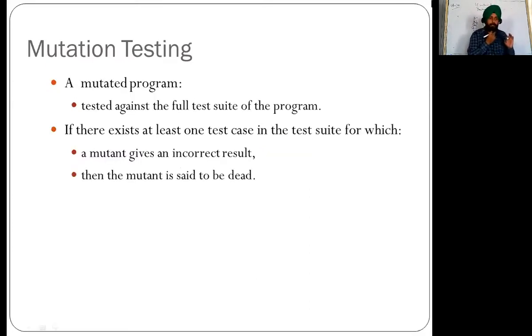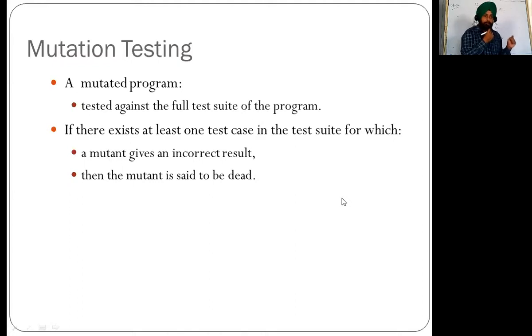A mutated program is tested against the full test suite of the program. We again test with the same test suite we used earlier. You have tested the whole program, you have done all types of testing. After that mutation testing is done, you yourself put in an error, and now you check the same program with those test suites.